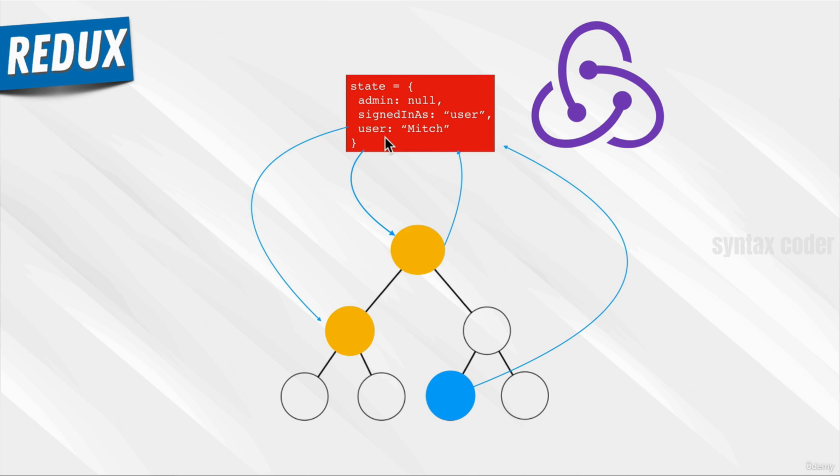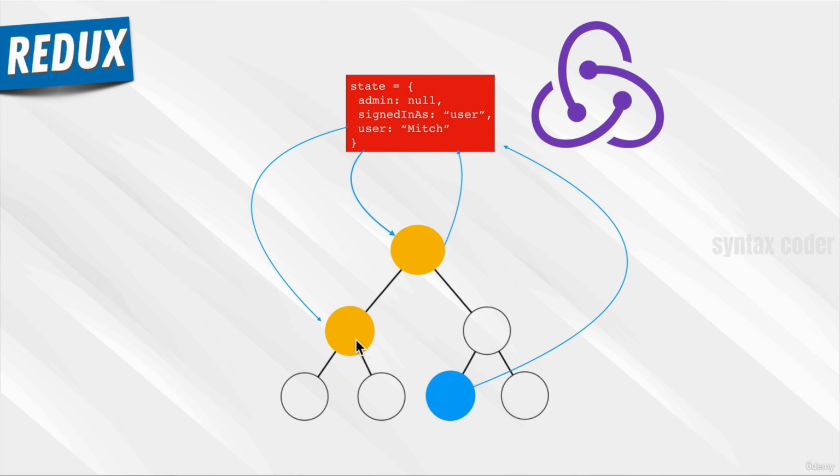And a store is simply just the state, which is this.state that React had, but in one massive object, just like you see here. So one single object that describes how our app should look, and all we do is just pass down that state to whichever component needs it as props.